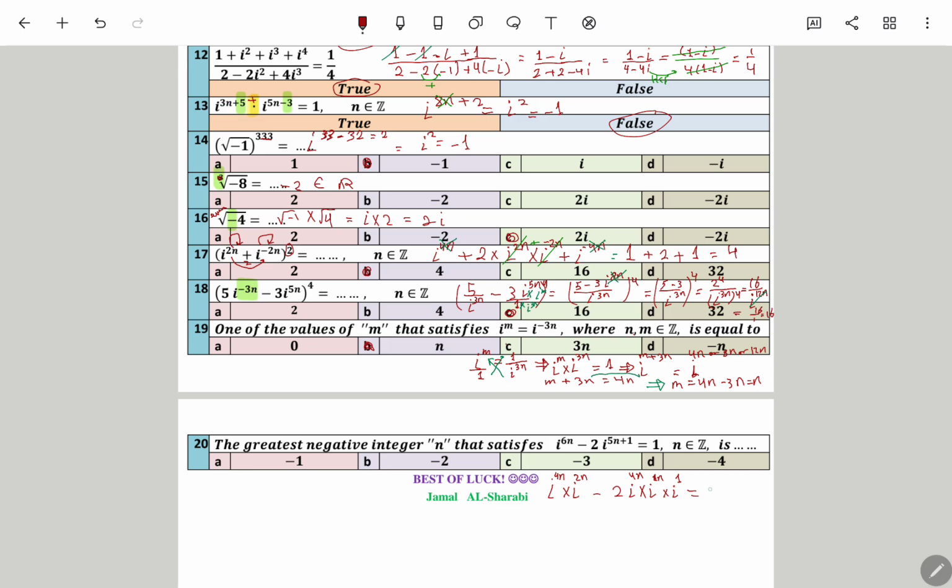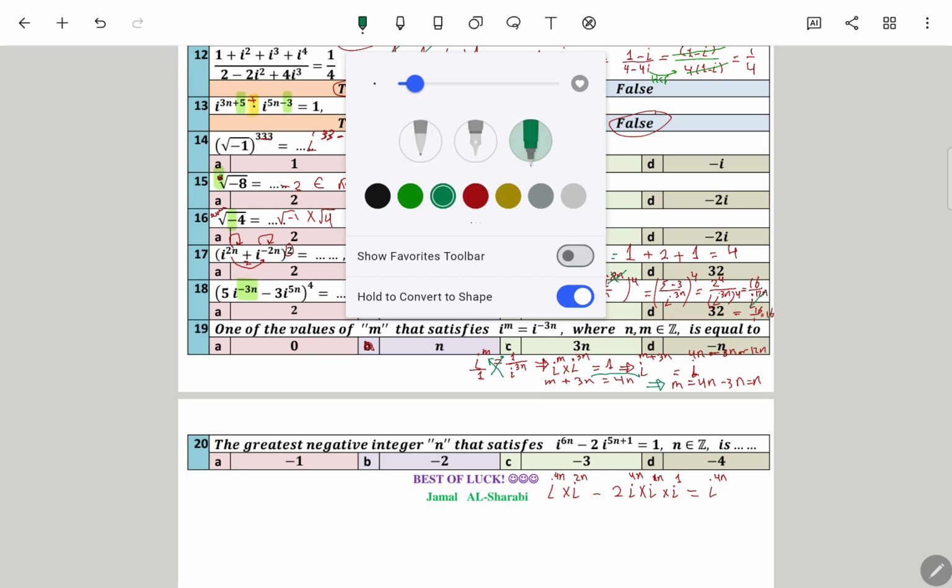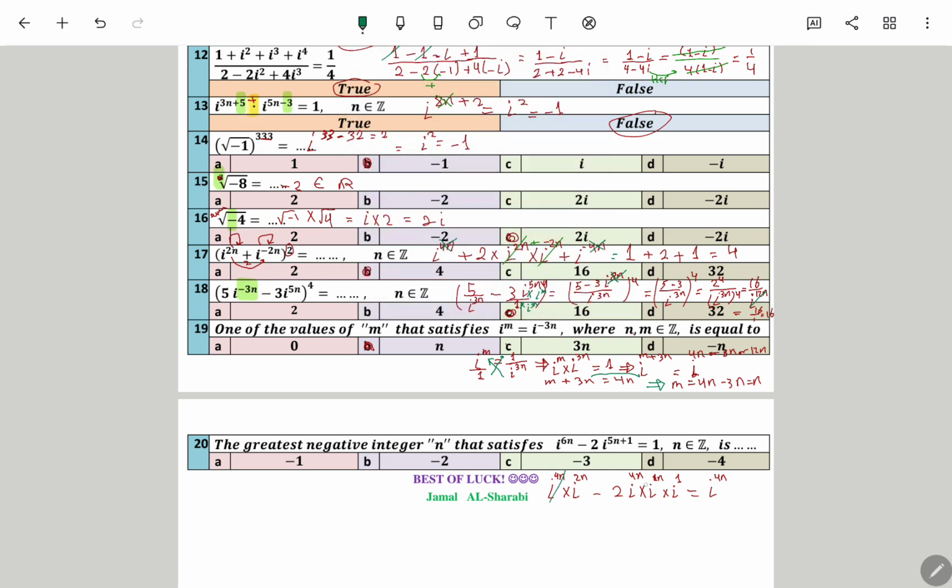And you still have i to the power of 4 on the other side, which is going to be satisfied. Now I can make it 4n also, it doesn't matter. Let me now cancel all the common factors here and there, which is 4n with this one, with this one.